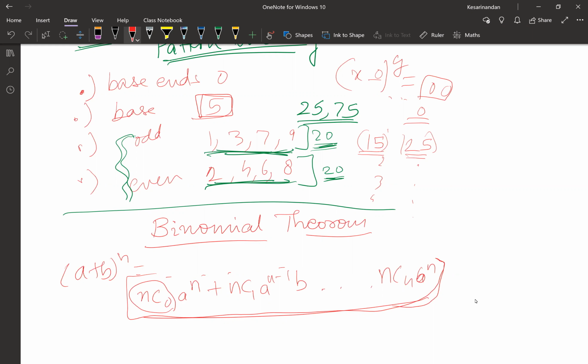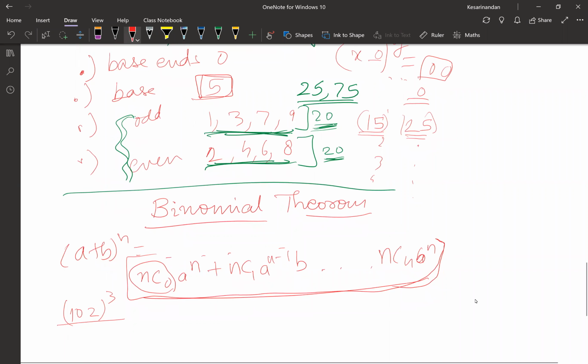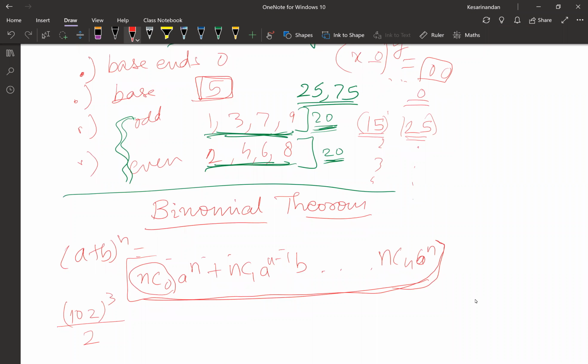Let's move forward because this will help you. Let's say I have asked you the remainder when 102 cube is divided by 2. Instead of applying the remainder theorem or something similar, you can split it out and clearly see all these terms are divisible by 2 because they have at least one power of 2.